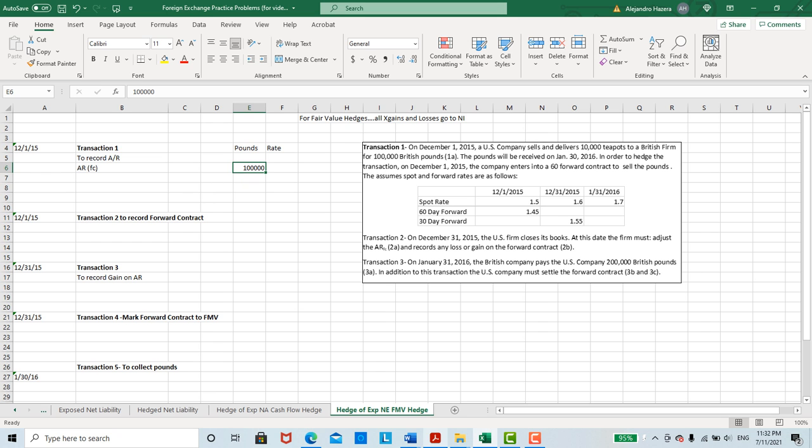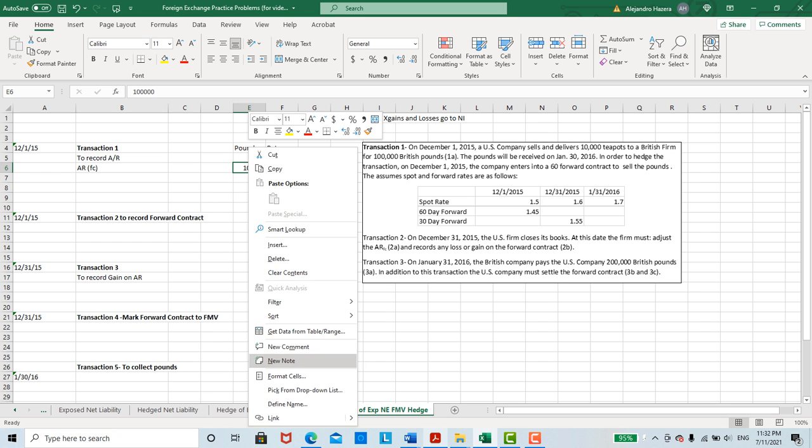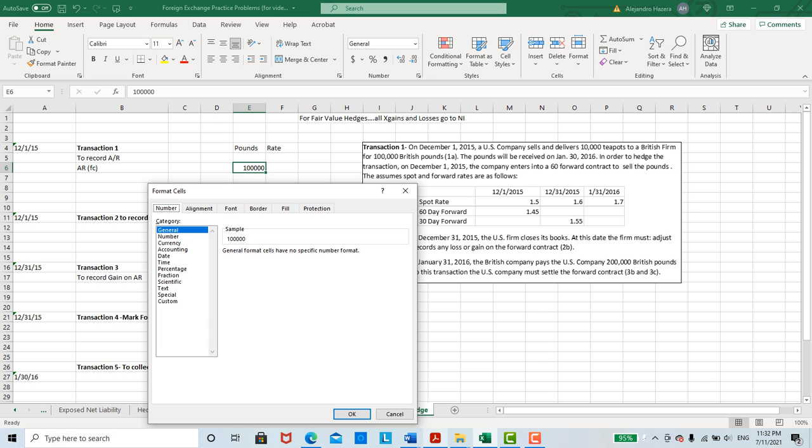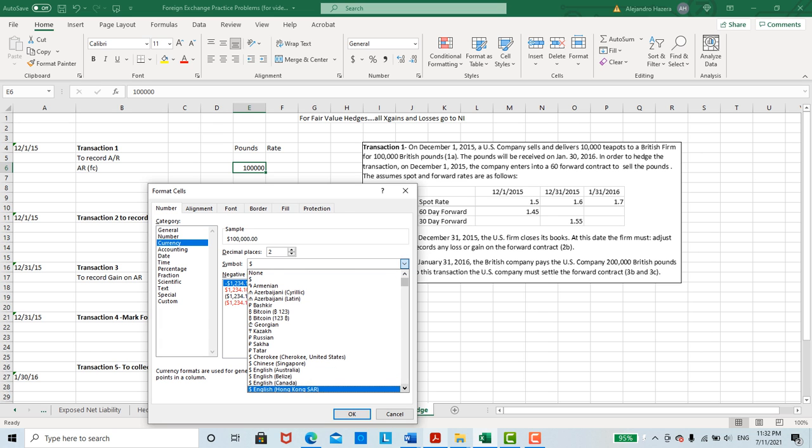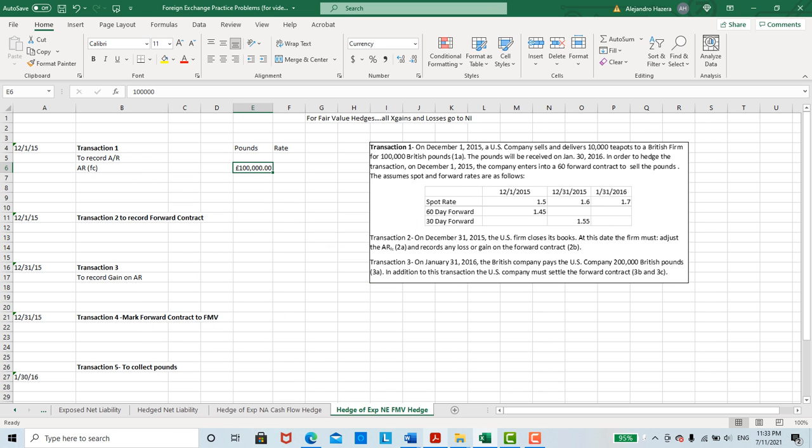I will change what I've been doing all along, but I think it's a good idea. And notice that the spot rate on this date is $1.50. So I will mark the spot rate.